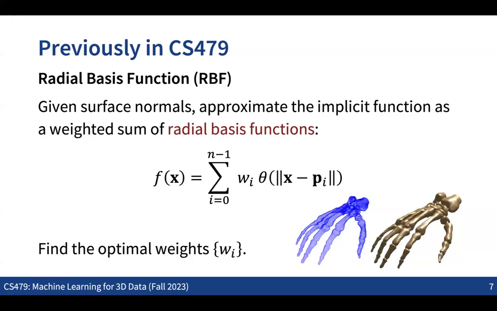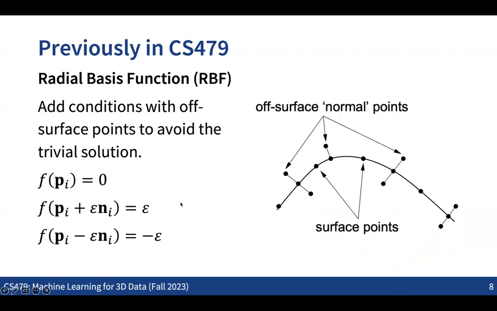Assigning zero to all the weights becomes the solution, which satisfies the condition that the signed distance function should be zero at the points sampled over the surface. To avoid this trivial solution, we add additional constraints by taking off-surface points, moving the points over the surface along the normal direction.